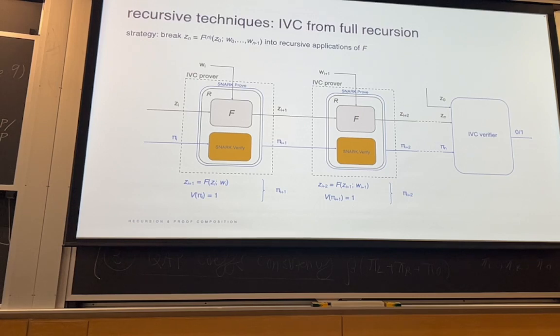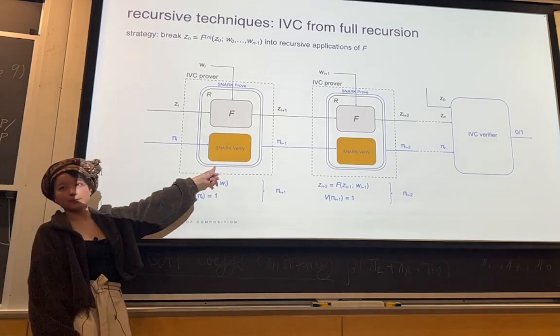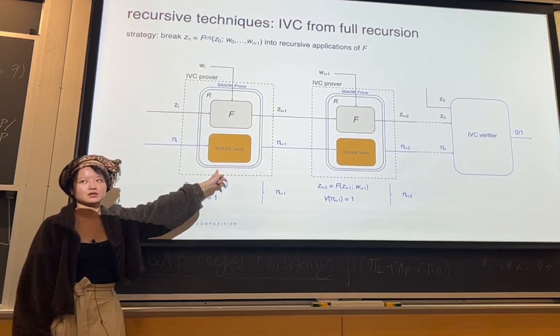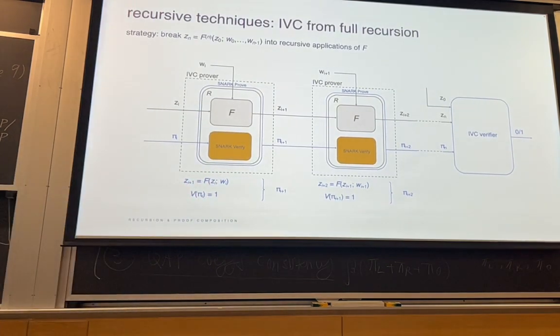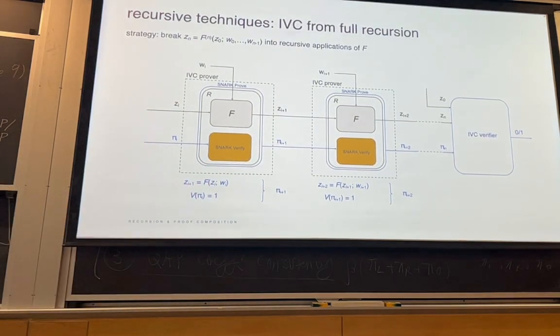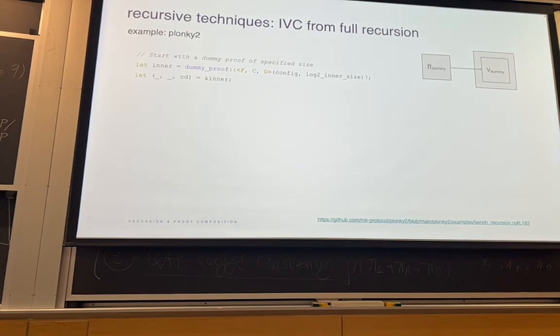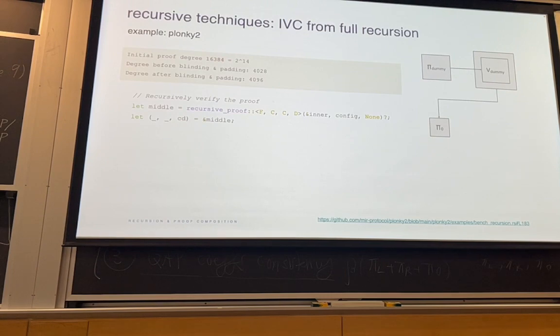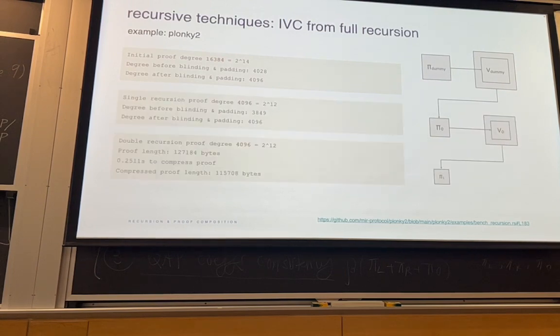It puts the FRI verifier inside the circuit. Sublinear verifier. And here's some code I copied from their repo. They're doing a few rounds of recursion to basically shrink down the size of their proof.